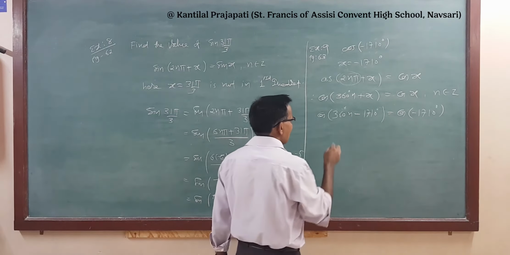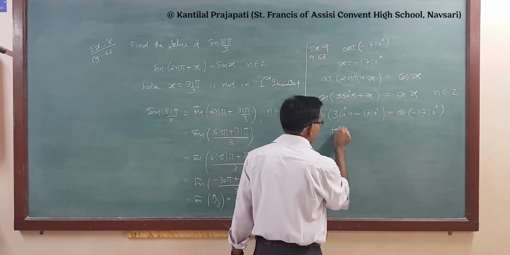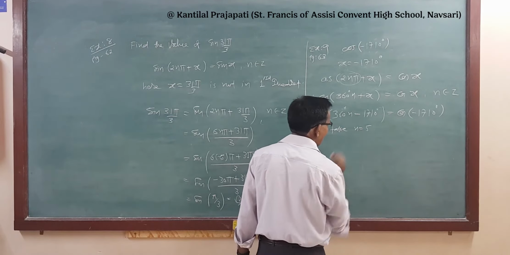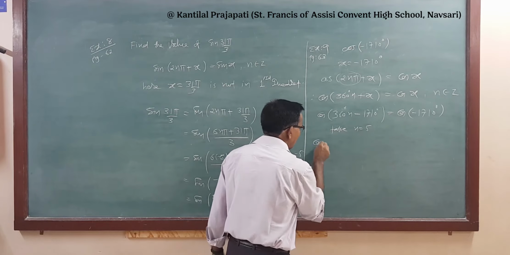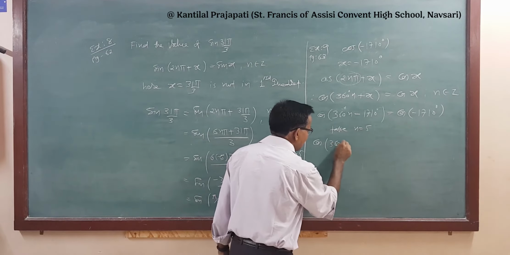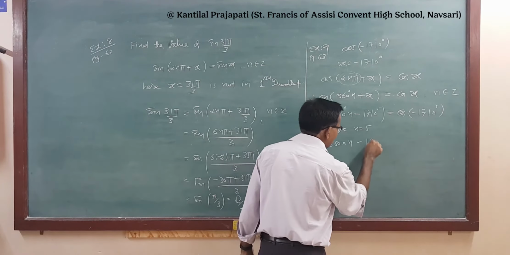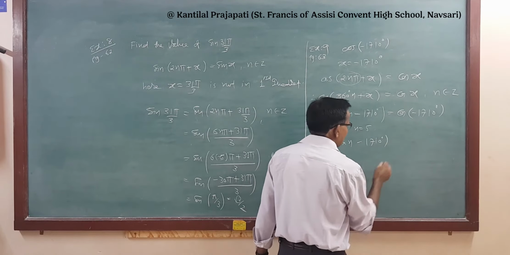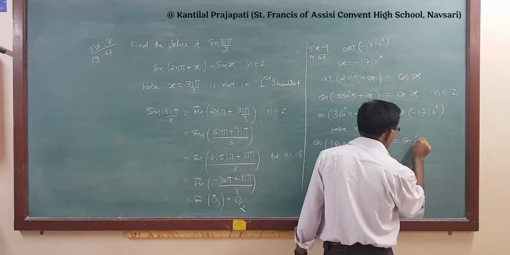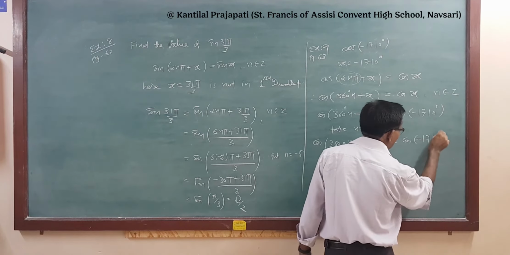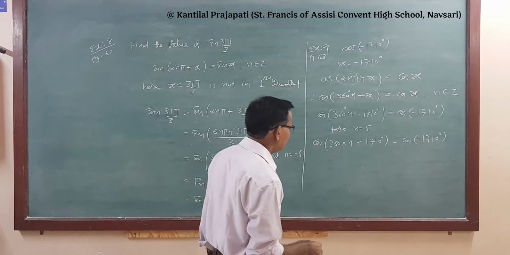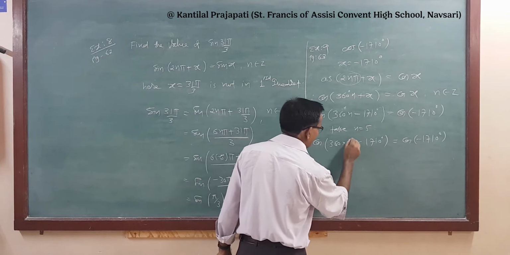So again, take n equal to 5. We get cos of 360 into n minus 1710 degree is equal to cos of minus 1710 degree. We have to put n equal to 5 here.